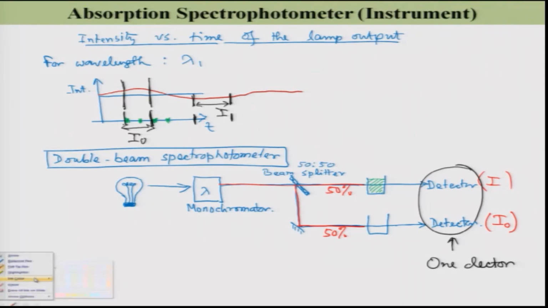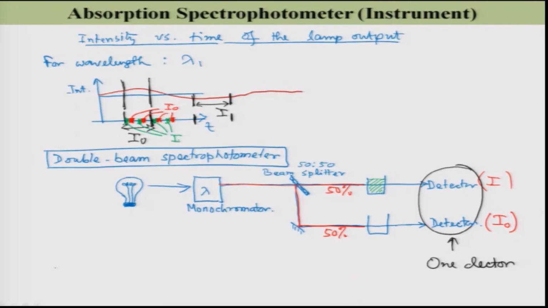So, for example, you are going to measure I0 at this position, another I0 at this position, another time I0 here, again I0 over here, and something like that. So, these all are I0, and these all are I, right.